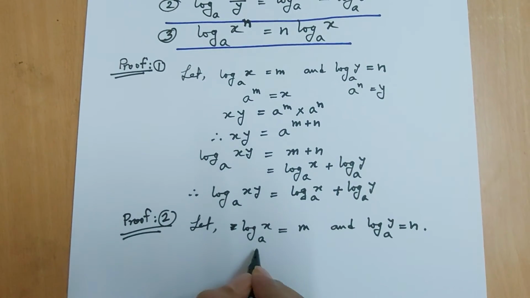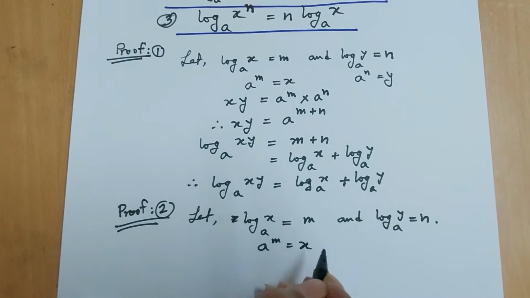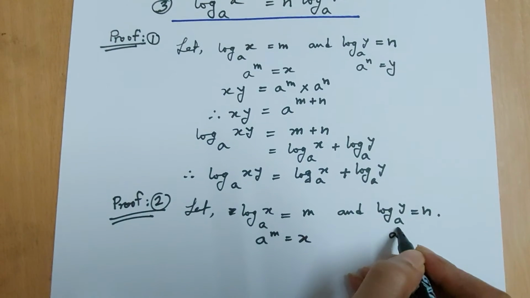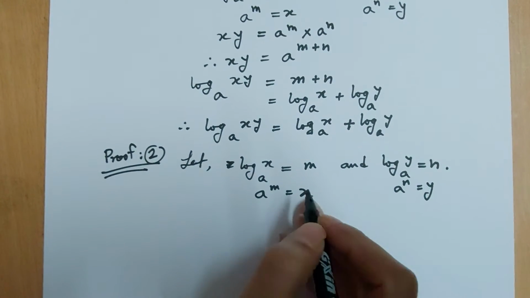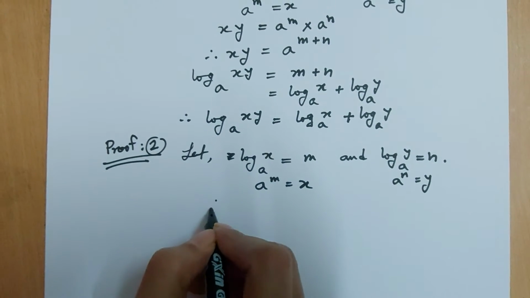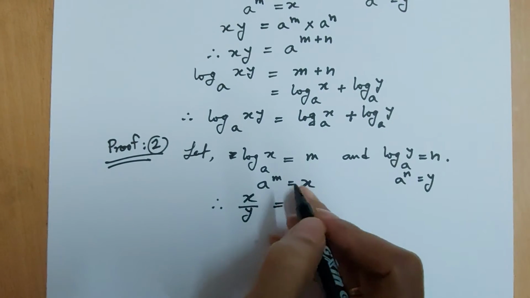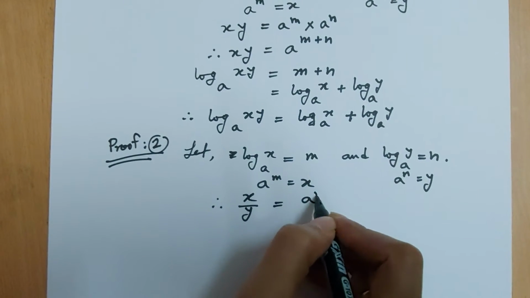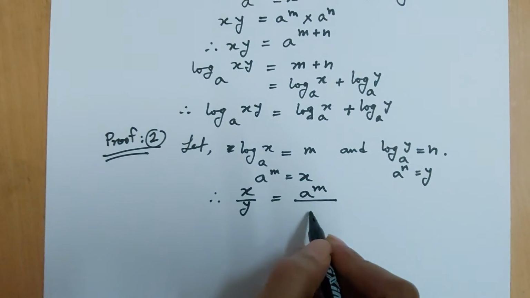Now in exponential form, a to the power m equal to x, and in this case a to the power n equal to y. Now I am dividing x by y. That is x over y equal to a power m over a power n.